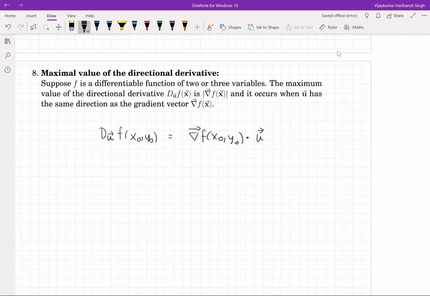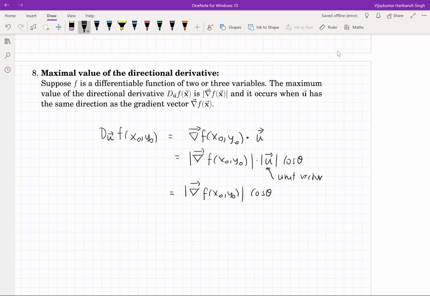So this is a dot product of these two things, which is going to be the length of grad f times the length of u times cos theta. But u is a unit vector. So we get the length of grad f at (x naught, y naught) times cos theta.